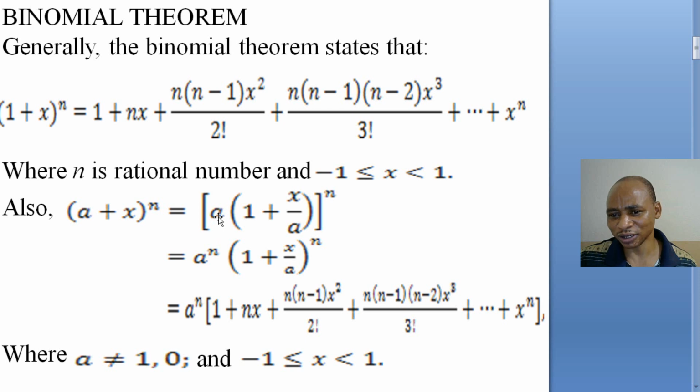So in this case, in order to get the constant 1, we need to factorize out a. Then we will end up getting a times (1 plus x divided by a), all raised to the power n.